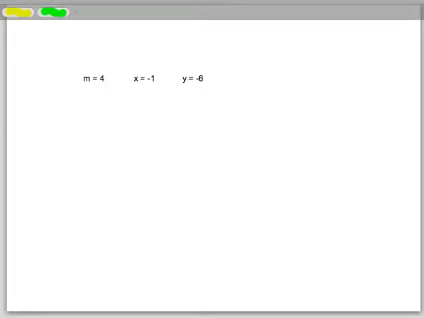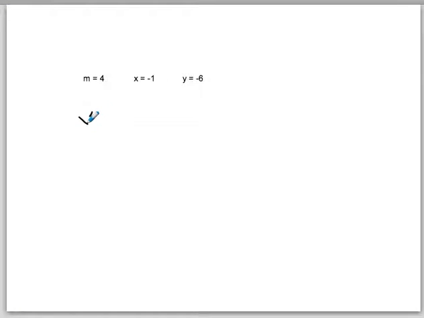We're going to use y equals mx, and that's m multiplied by the x, plus b to find b. We have numbers to plug in for everything except b. So we're going to plug in all our numbers, and then we're going to solve the equation for b. So our y is -6. Our m is 4. Our x is -1.